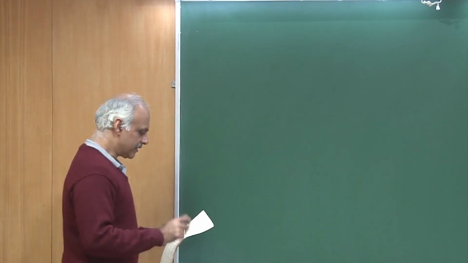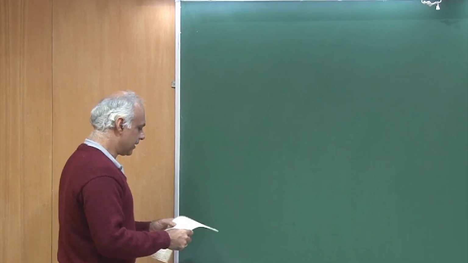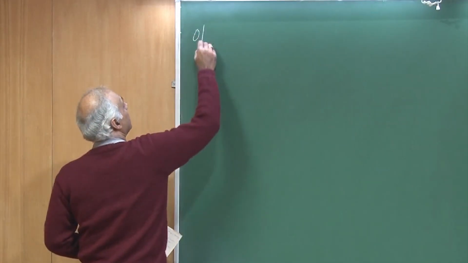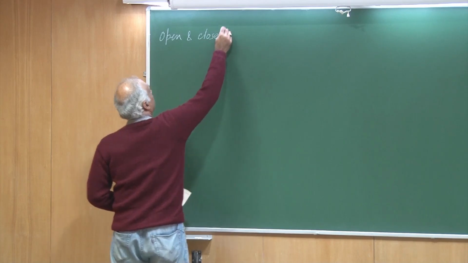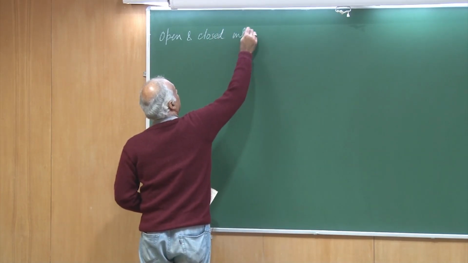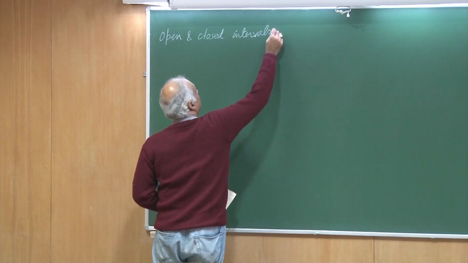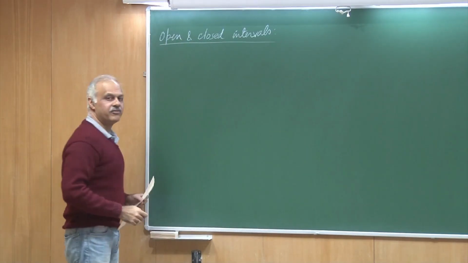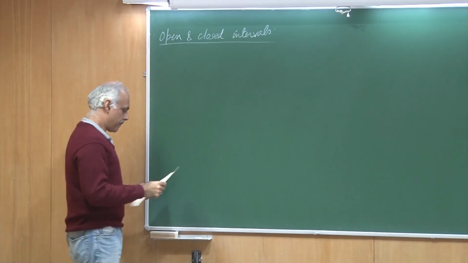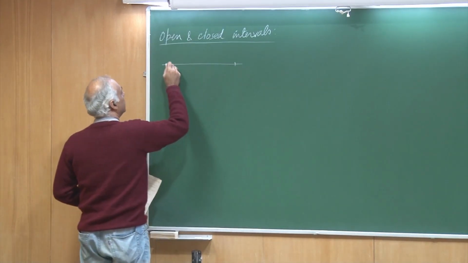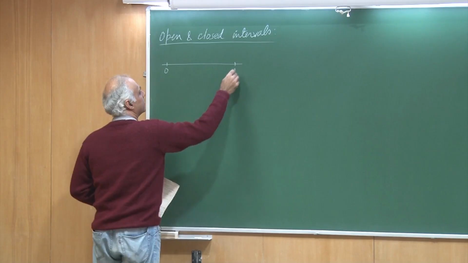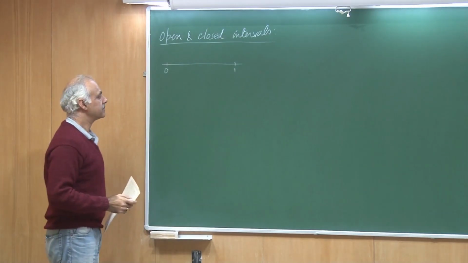So first I want to introduce the concept of an interval. So the open and closed intervals. So all of you are familiar with this, just a review. So we are going to talk about, let's say, a domain, let's say 0 to 1. This is just an example.